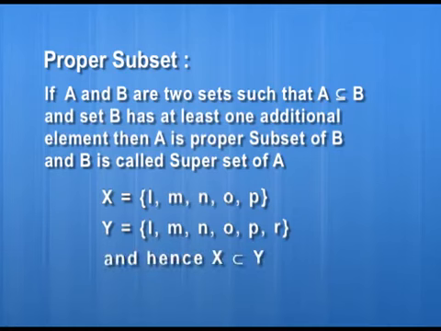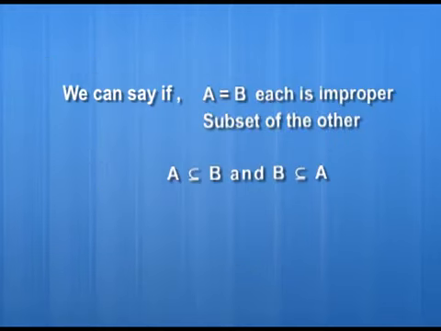Then X is a proper subset of Y and Y is known as a superset of X. We can say if A is equal to B, each is an improper subset of the other, because in that case A is contained in B and B does not have an additional element.